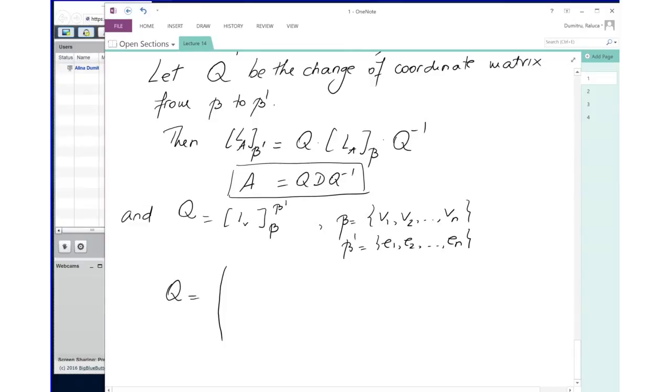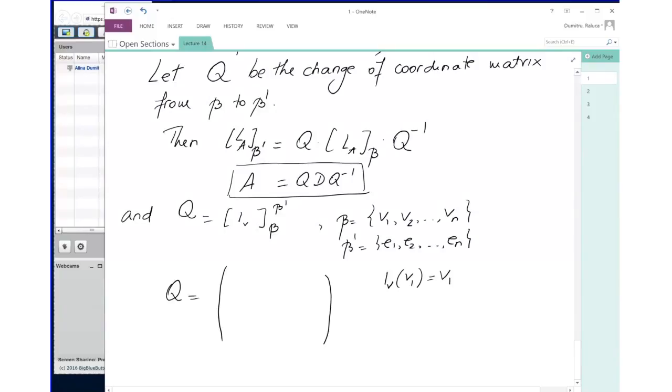It's a matrix, right? The first column of this matrix is given by the operator, which is the identity, applied to the first vector in beta, which is V1. Identity of V1 is V1, right?